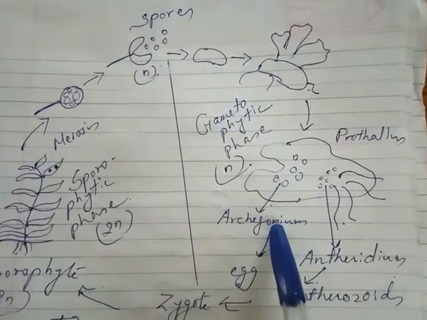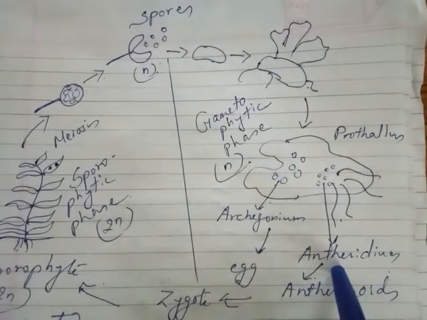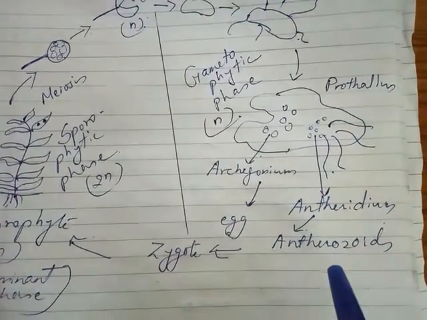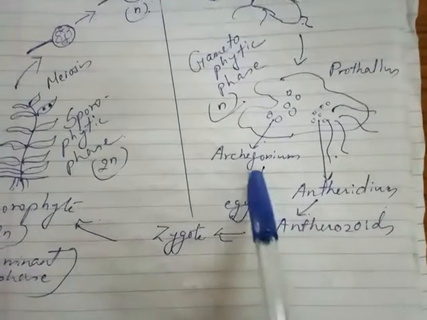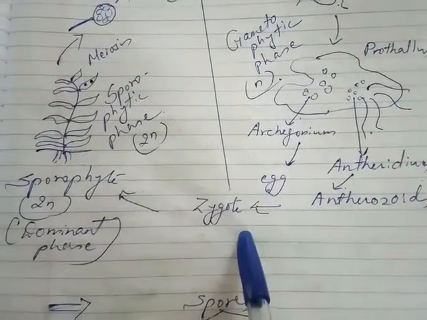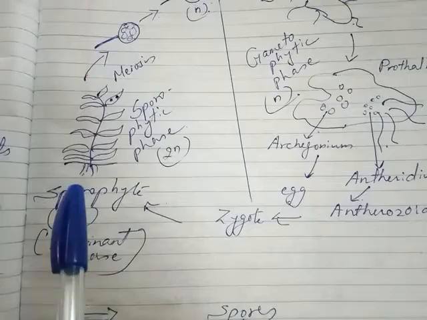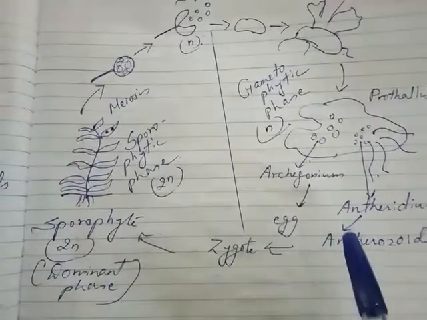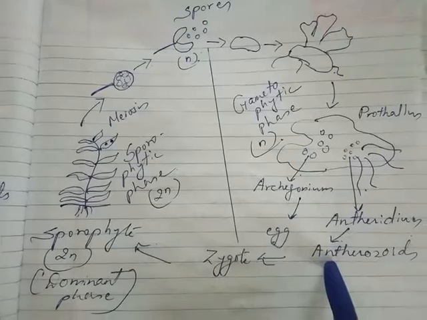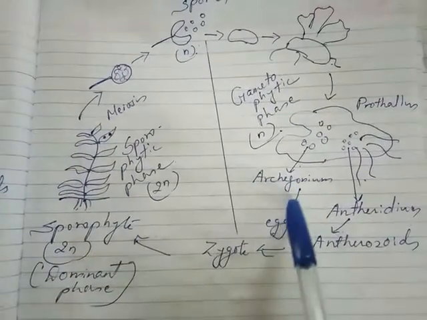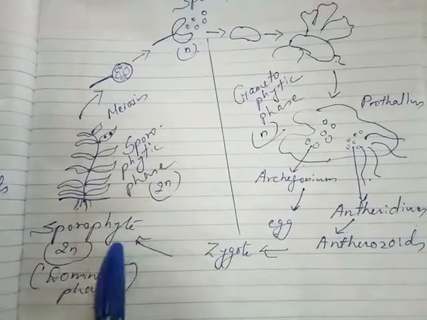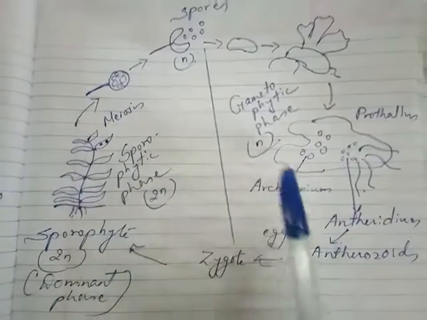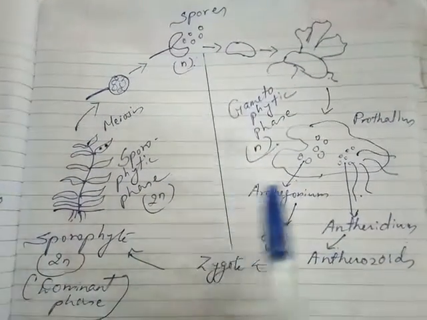Prothallus is having archegonium, antheridium. Archegonium forms egg, antheridium forms antherozoid. Both fuse together, giving rise to a zygote. Again zygote gives rise to a sporophyte. So this one is dominant phase, this one is subsidiary phase with a short life. So both these phases, that is sporophytic phase 2N and gametophytic phase N, alternate with one another during their life cycle.